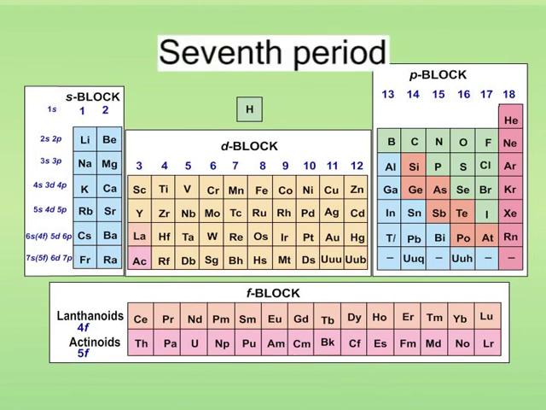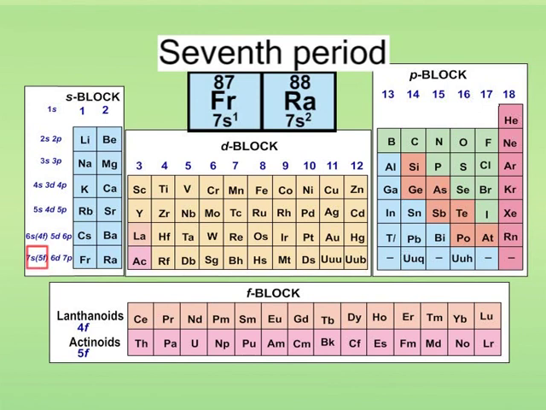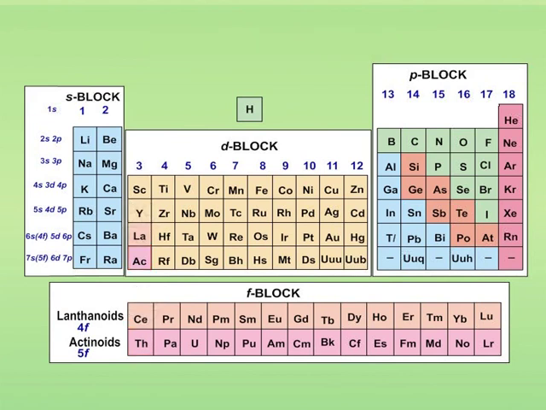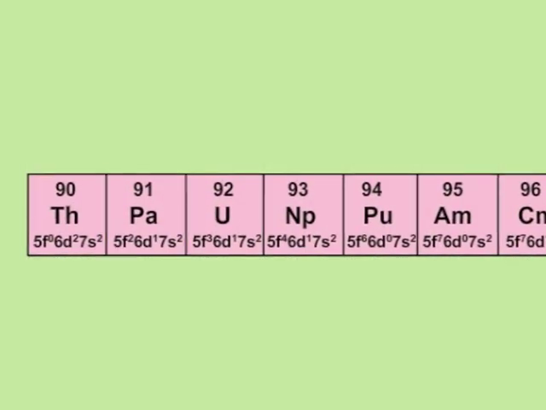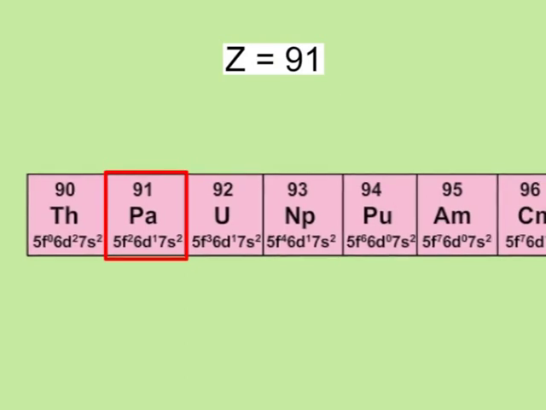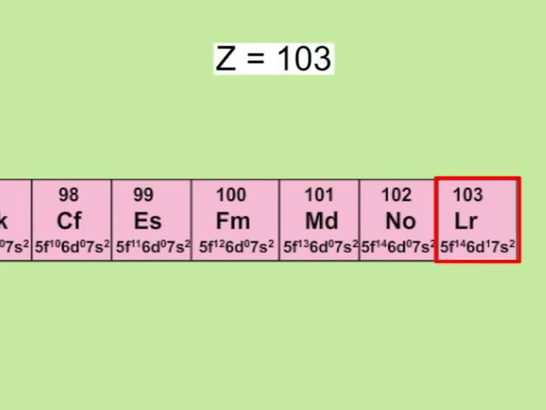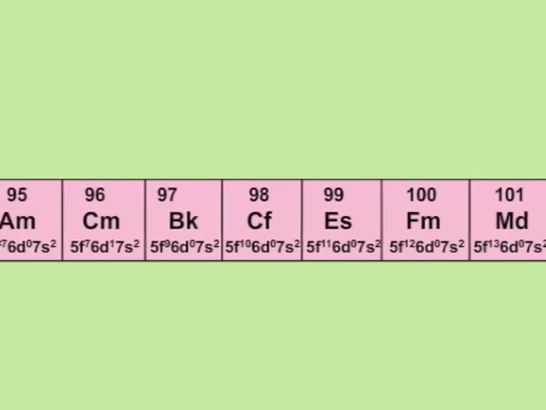In this period, after the filling of the 7s orbital, the next two electrons, that is the 89th and 90th, enter the 6d orbital against the Aufbau principle, and thereafter the filling of the 7 5f orbital begins with protactinium, that is Z equals 91, and ends with lawrencium, that is Z equals 103.